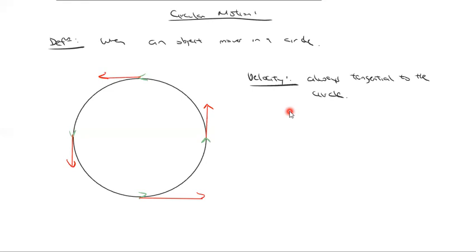So as a result, direction must change. But because direction must change, because velocity is a vector, therefore velocity must change. Not necessarily the magnitude, i.e. the speed, might not change, but velocity itself, being a vector, including direction, must change. And therefore, that means you must have acceleration.